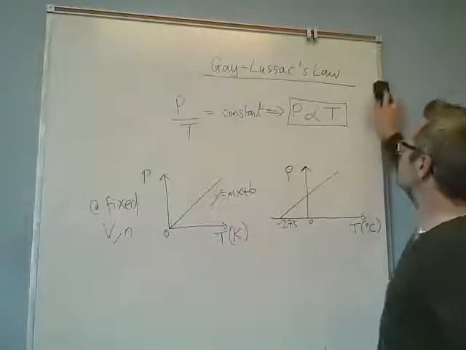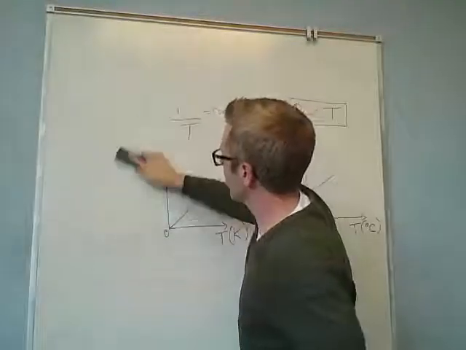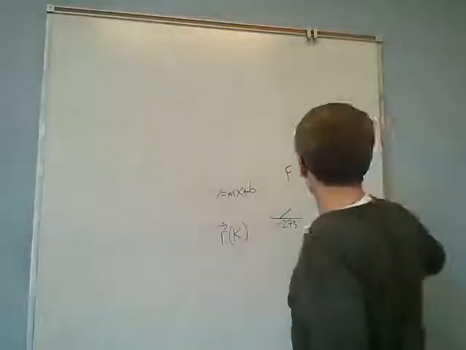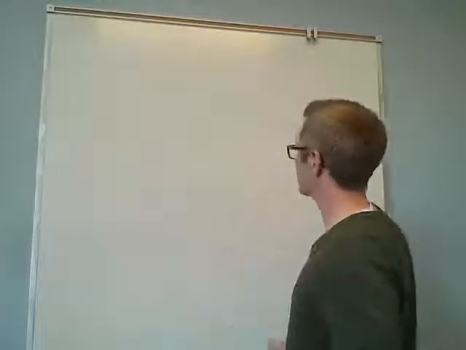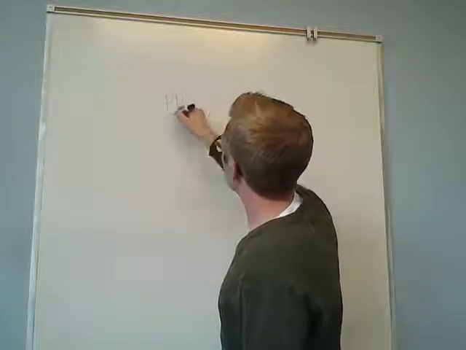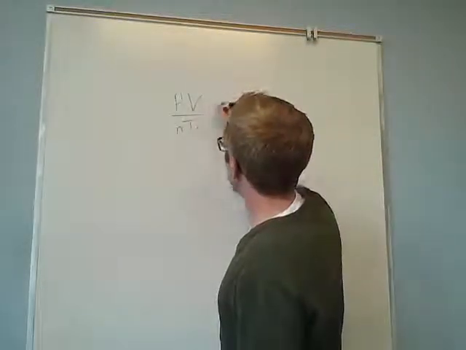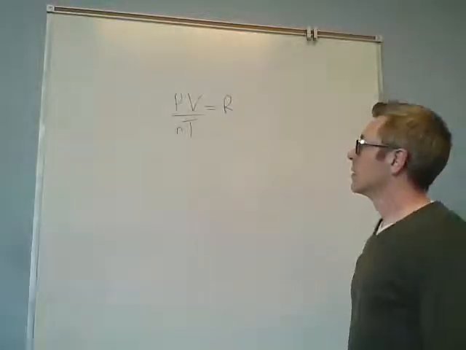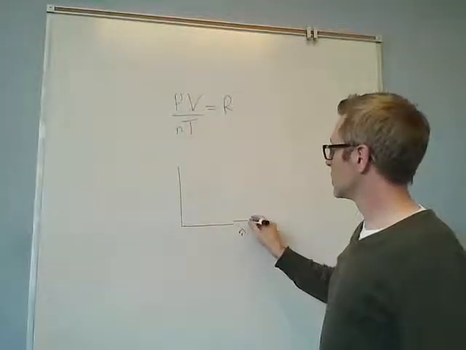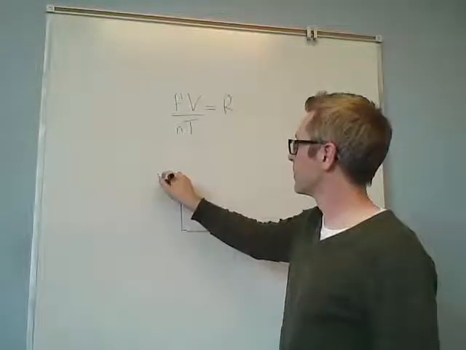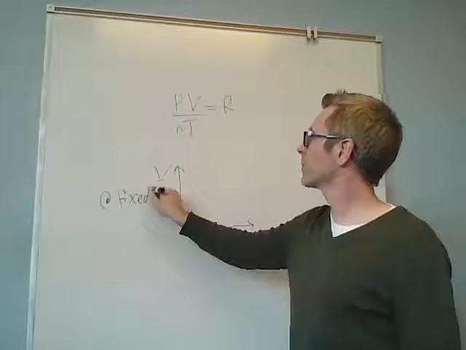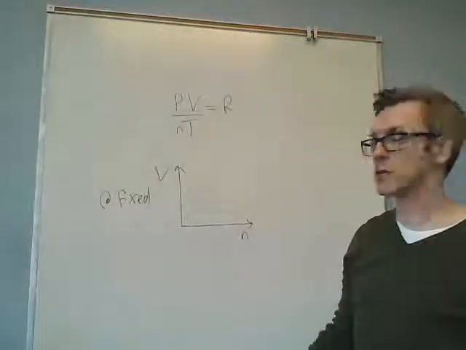One more. PV over NT is R. If we put moles against volume, so therefore we're fixing pressure and temperature.